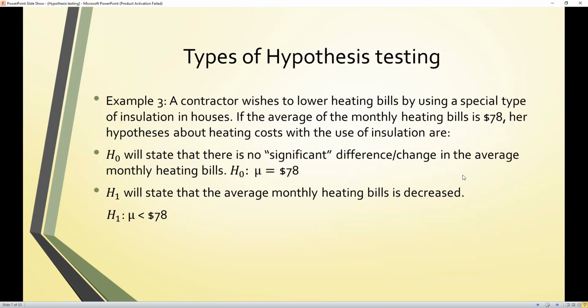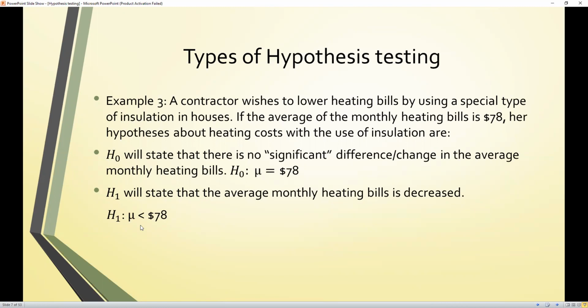Okay, so as you can see, in the first example we had mu is not equal, the other one is mu is greater, and then this one mu is less. That is because of the different claims or different goals of the test. One test shows that it's not concerned about whether one group is less or the other group is greater, as long as there is significant change. That's when we use the not equal symbol.